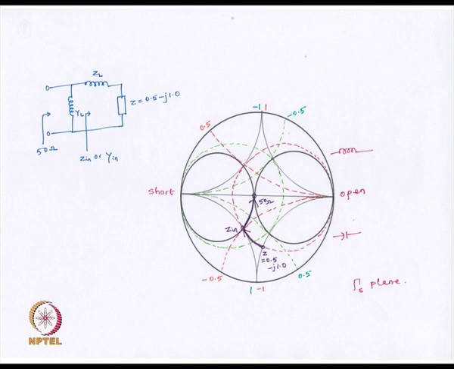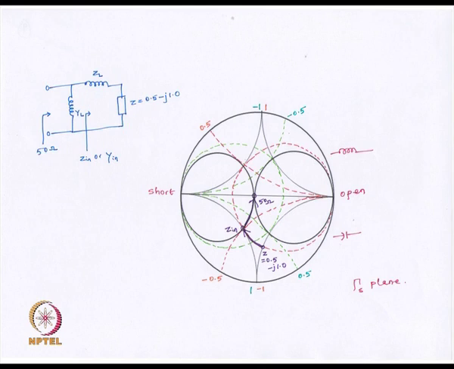We are first going along a constant resistance circle like in the previous case, but then instead of touching the G equal to 1 circle at this point, here we touch at this point, and from here we see that we have a path along this constant conductance circle where G equal to 1 to the origin.